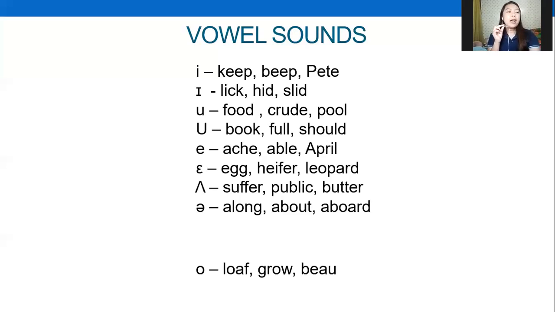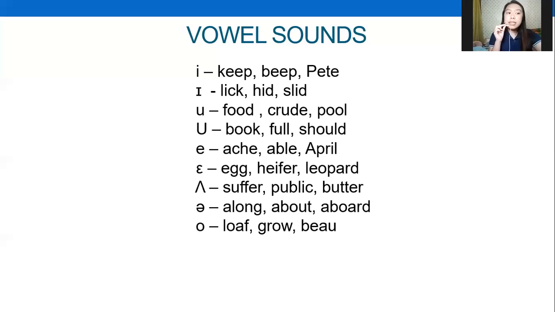Okay. This symbol is articulated as O. So just like low or grow and bow. This one, the half O, is articulated as aw, as in fraud, sought, thaw, and so on. Okay.